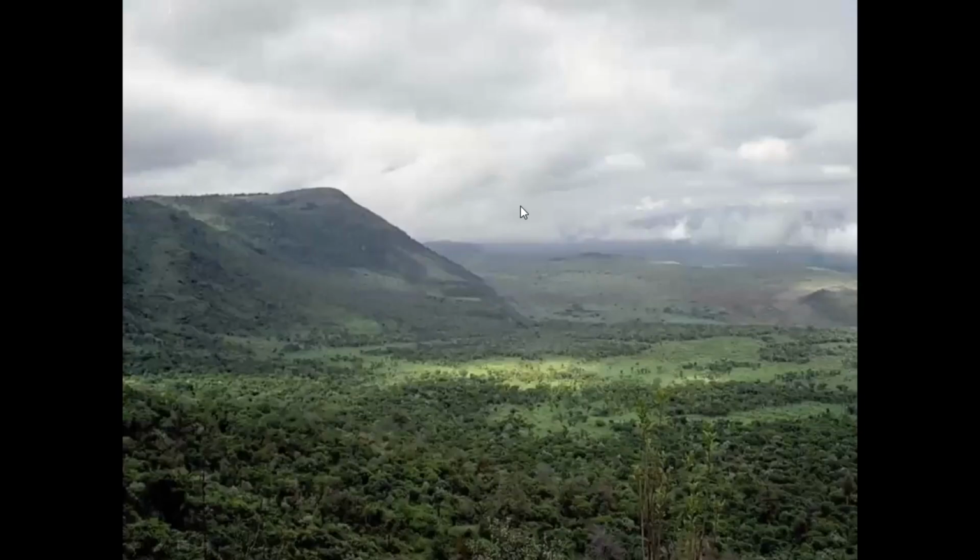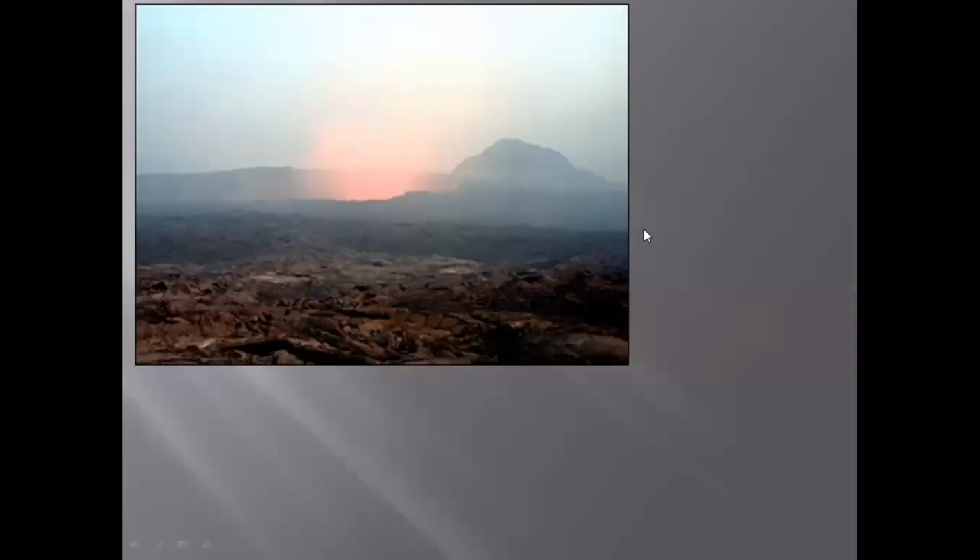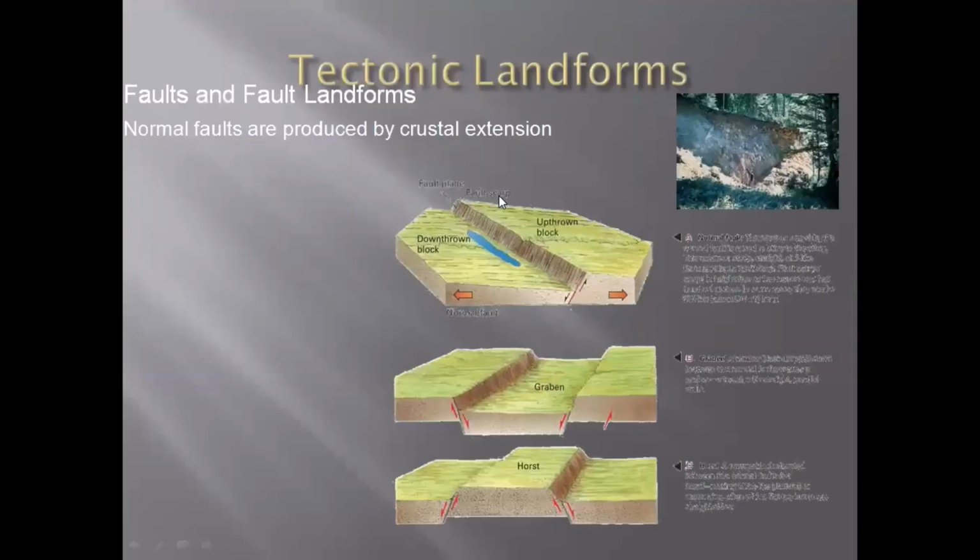Here's another image of the East African Rift Valley. You can see the height of these rifts as a result of the movement, and there is some volcanic eruption as well. As a result of these tectonic landforms, normal faults are created. If there is one block, it's just like a normal fault.